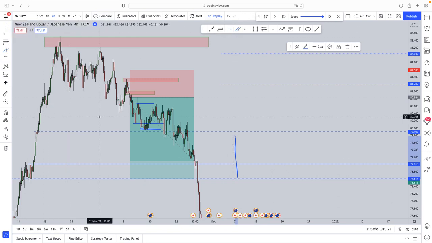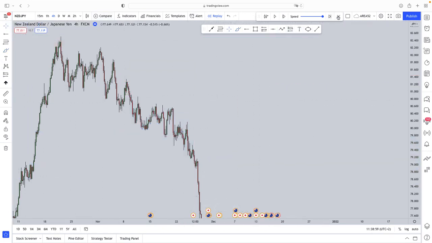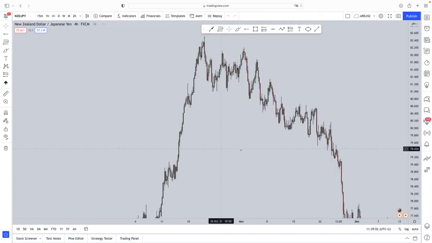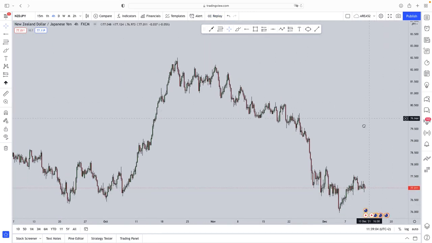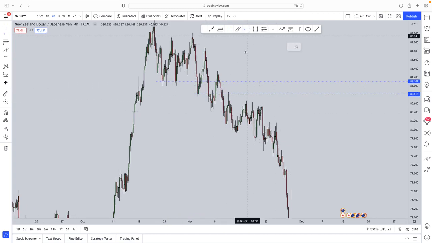Now I just want to clear the charts, and I want to explain something for you guys quickly. I want to go back here, and I want you to see how this concept applied itself over and over and over again. So I'm just going to mark all these levels that we had here in the market, all of the lows that we had.